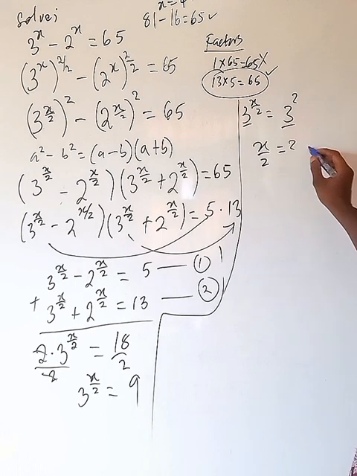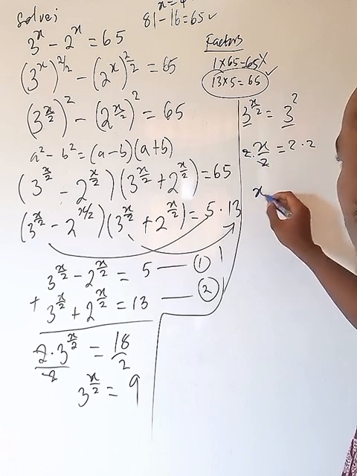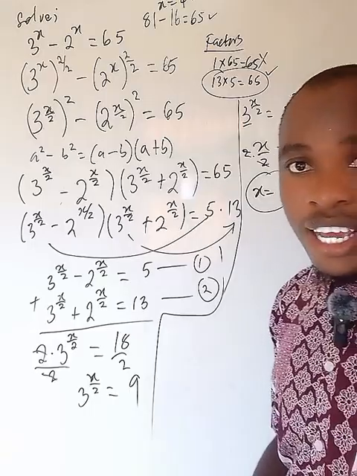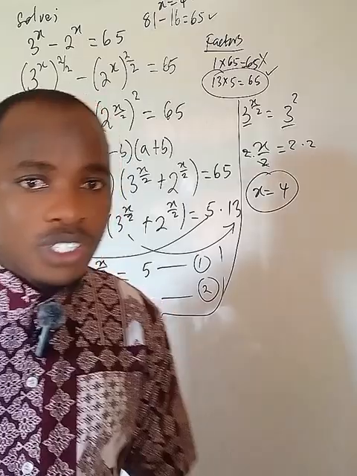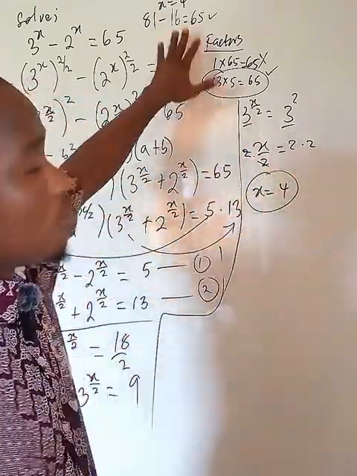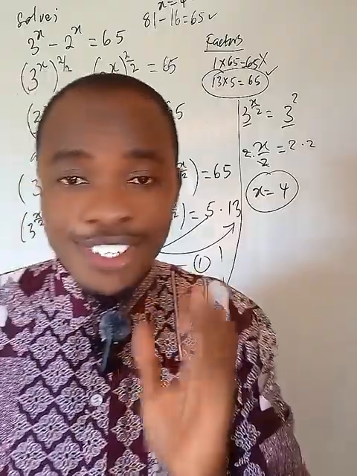Now multiply both sides by 2. This cancels this, we have x to be 2 times 2, which is 4. Can you see that? So that is the end of the class. You can see that we have the solution here to be 4. And that is what we mentioned from the beginning of the class, that the value of x is going to be 4.